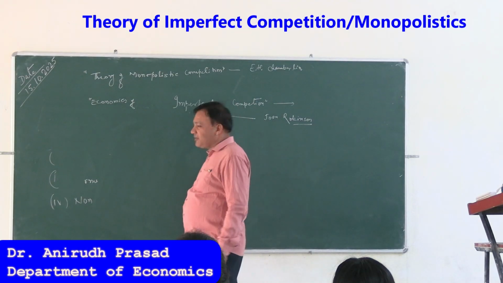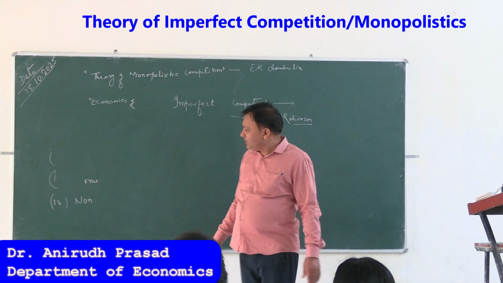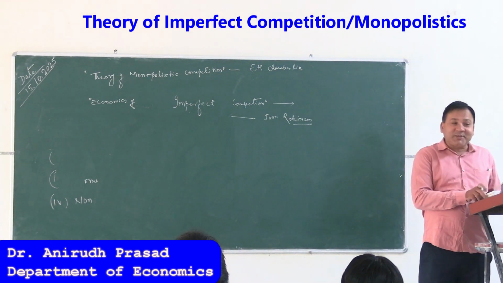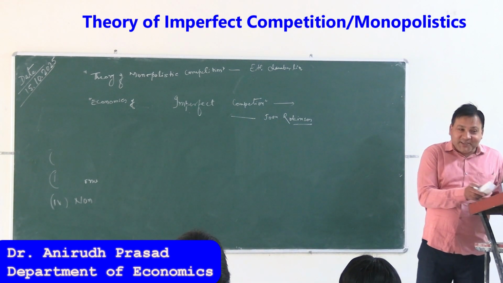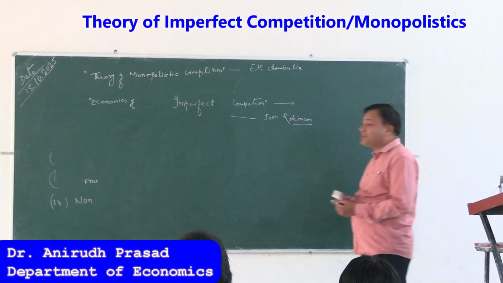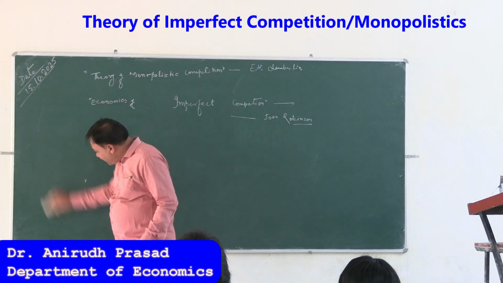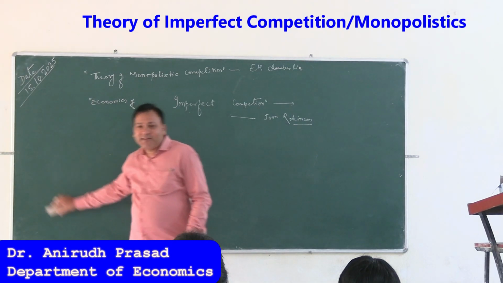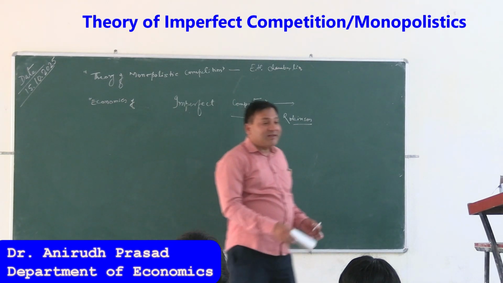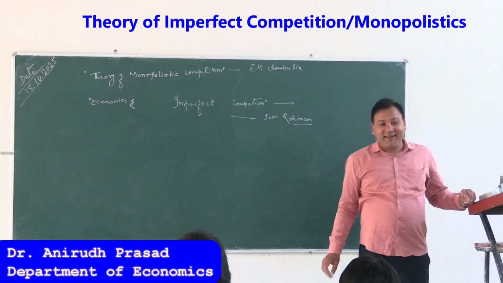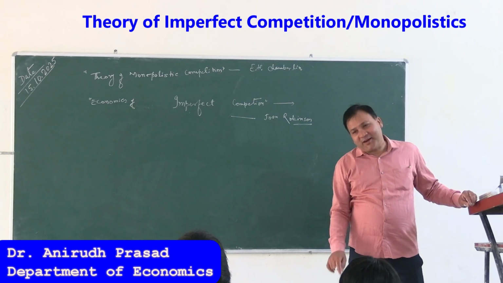In this chapter, in this market, we have seen the assumptions of monopolistic competition or imperfect competition. Now we will see how prices and output are decided in this market.